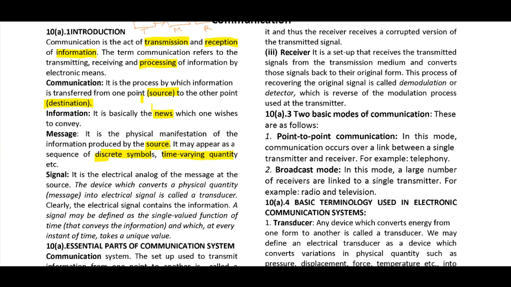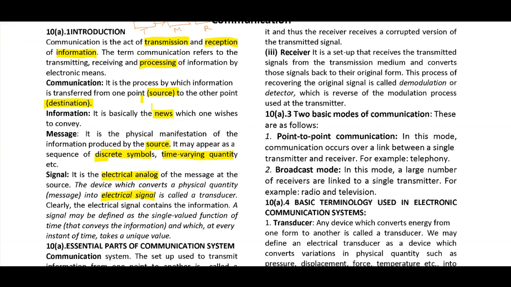Signal. It is the electrical signal message. A signal is basically an electrical signal message. It can also be electronic. At the source, a device converts a physical message into an electrical message. For example, when we speak, there is a microphone that converts our sound signal into an electrical signal.